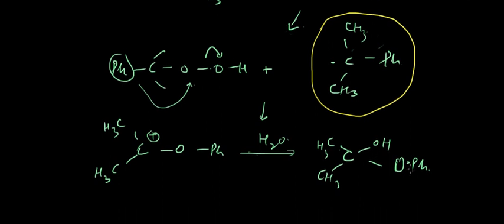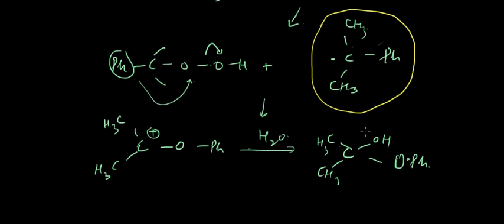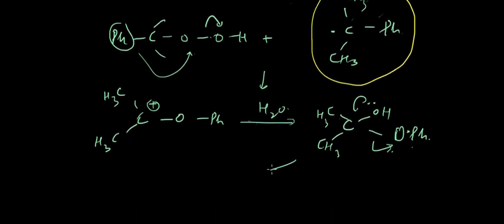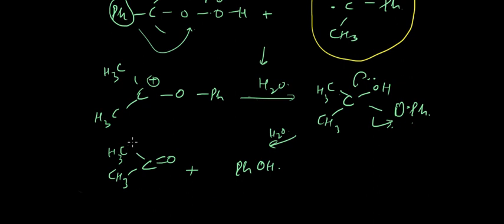Then what will happen is this carbon atom, the oxygen atom will donate its lone pair here, and PhO minus would be leaving, and we'll be getting a ketone group, or acetone rather. Then PhO minus, on reaction with a water molecule, will take up H from the water, and we'll get something like this.